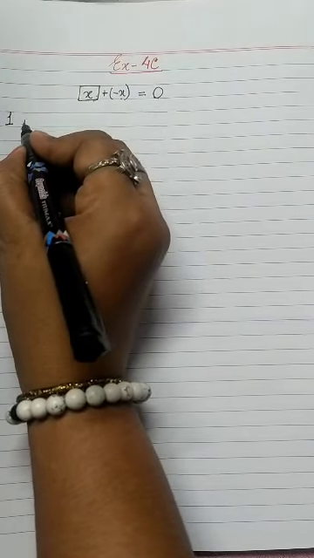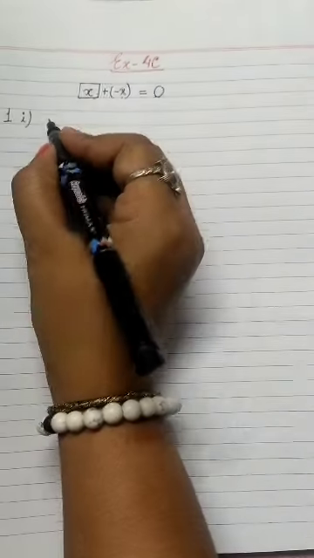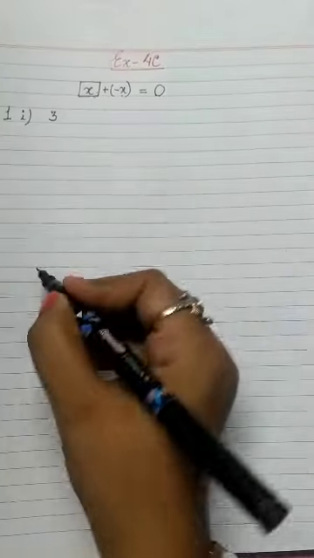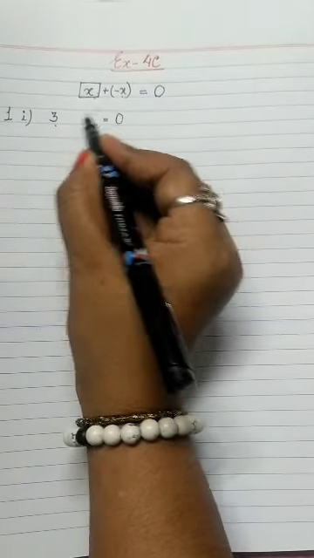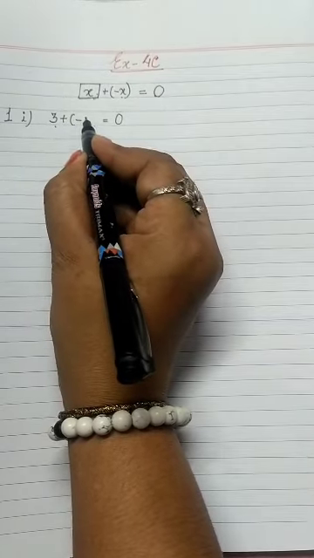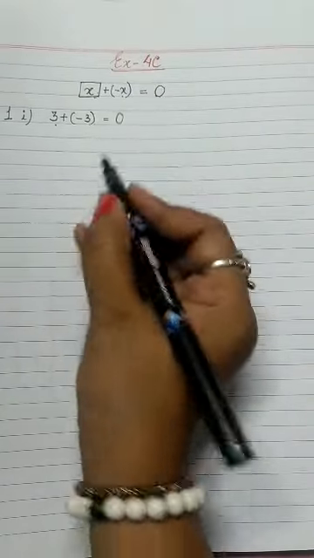Question number 1 says, find the additive inverse of each of the following, where the first bit is 3. Now, what am I going to add with 3 so that my resultant will be 0? If I add a minus 3 to 3, I am going to get 0.